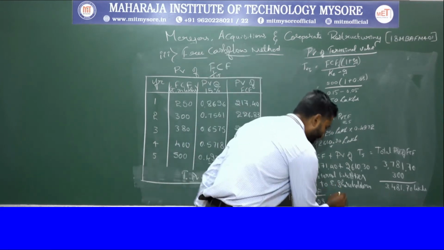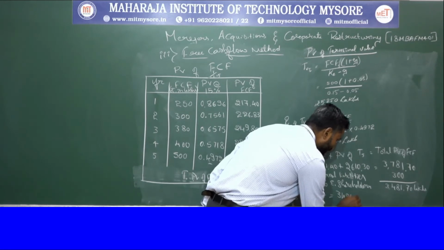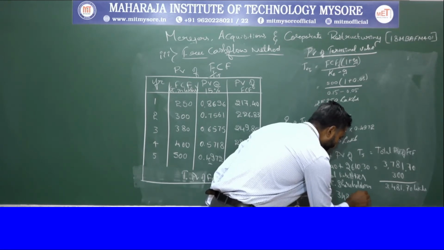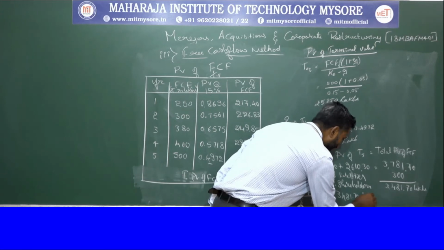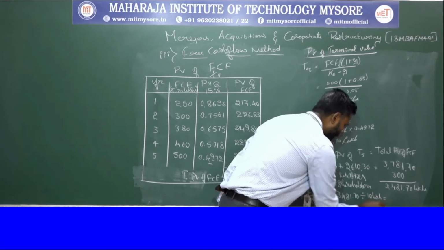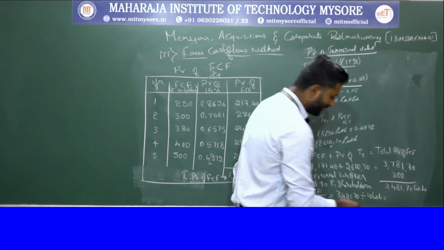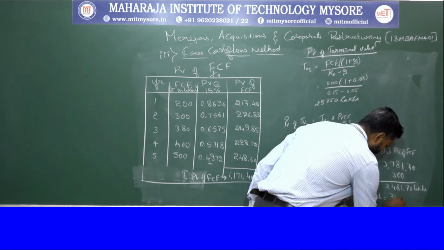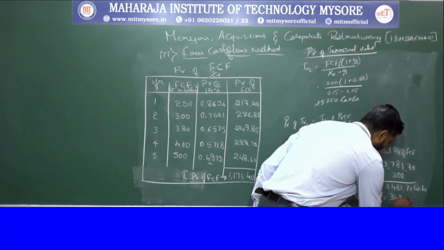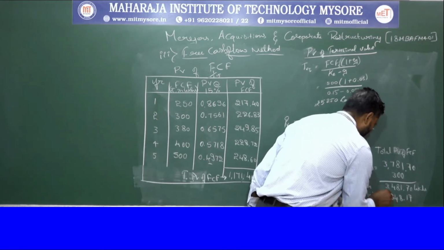So total FCF here we got 3481.70 and it should be divided by 10 lakh shares. So we are resulted 348.17 rupees as the market price per share.